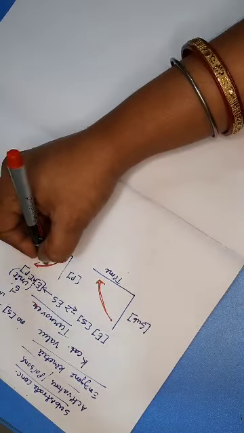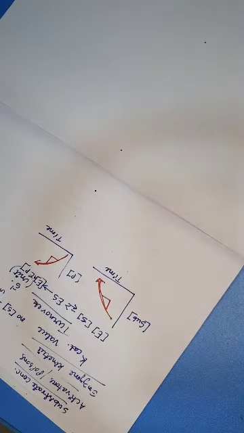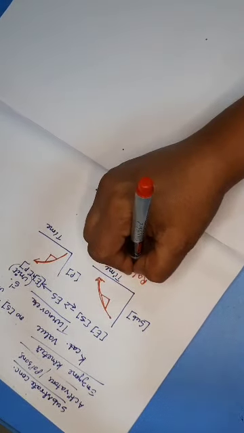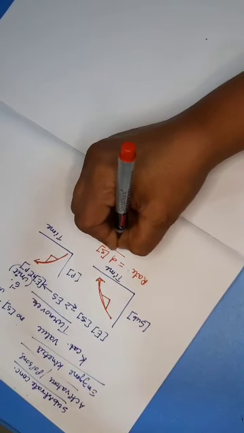So here this one will be the slope of this graph and this one will be the slope of this graph. So the rate of the reaction can be represented as the rate of change of the substrate concentration over time.